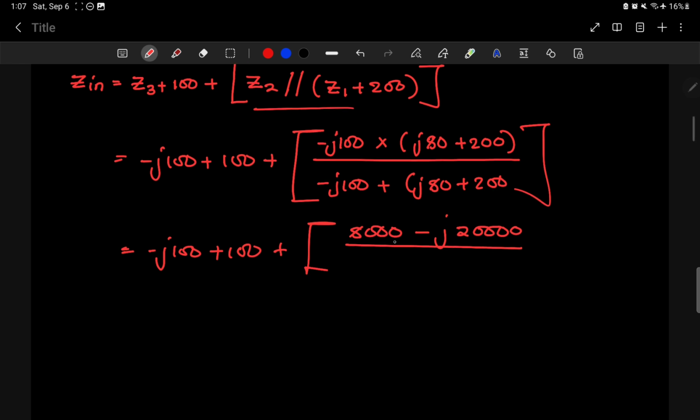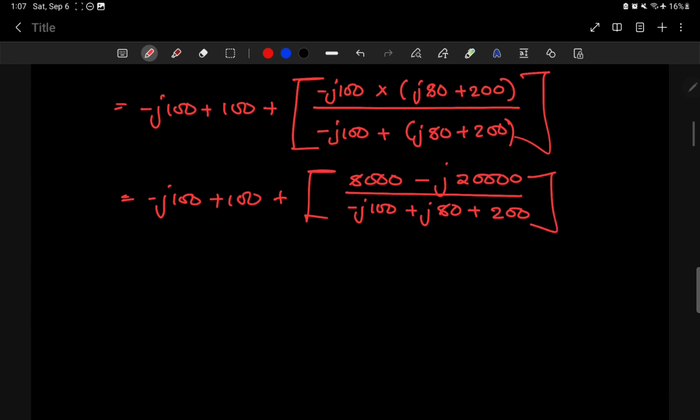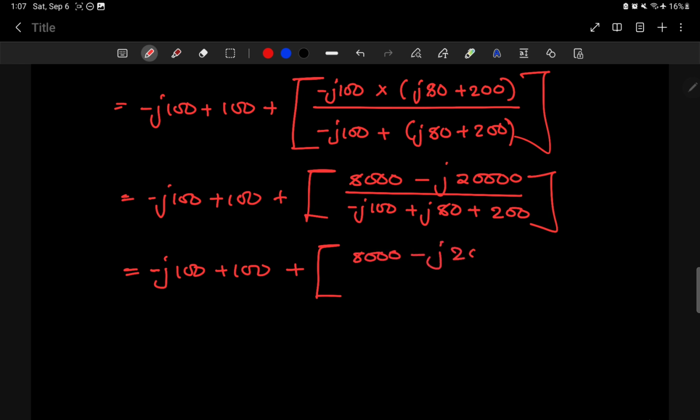Over, in the denominator, we just have minus j100 plus j80 plus 200. We simplify in the brackets there. The numerator will remain the same for now. In the denominator, these two will subtract, leaving us with 200 minus j20.